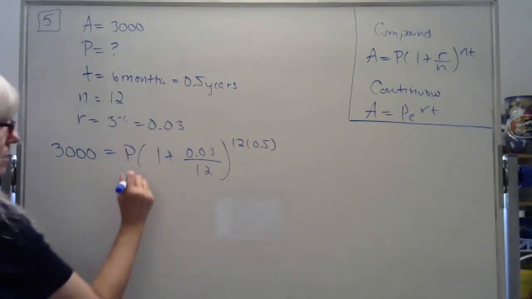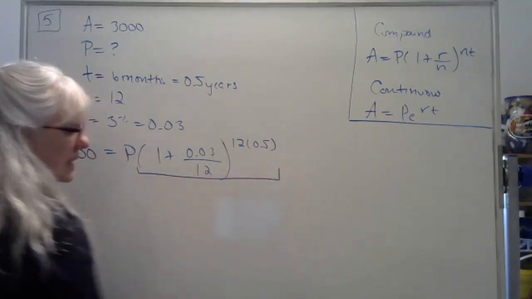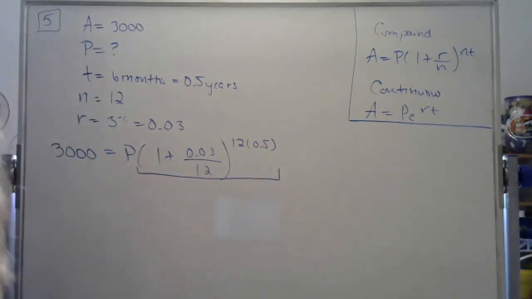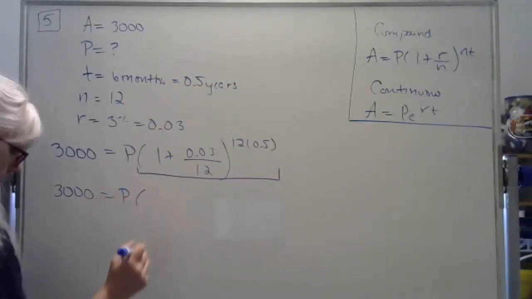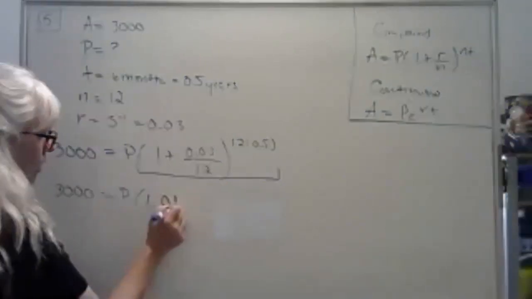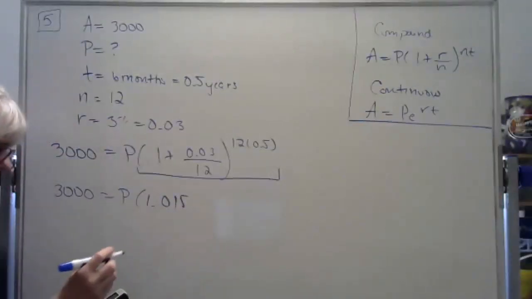What I really want to do is make all of this into some ugly decimal. Let's go figure out what all that stuff is as a decimal. So I have 1.015094063.